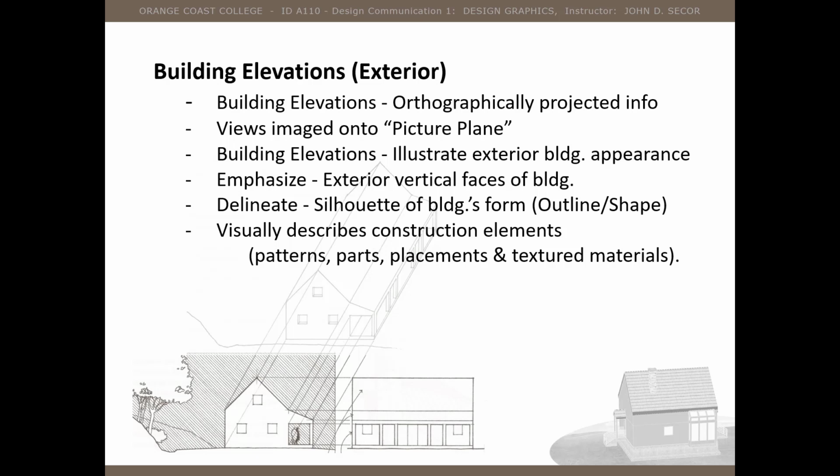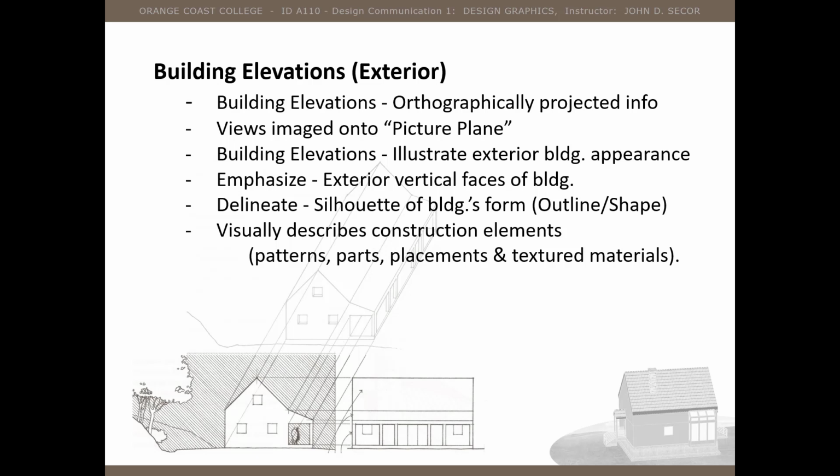And importantly, what then becomes an aspect of these drawings is that the silhouette, or the building's form in terms of outline and profile, becomes very important. Many objects are recognizable by their general shape, and as a result, these types of things give the viewer a cue as to what the object is about.